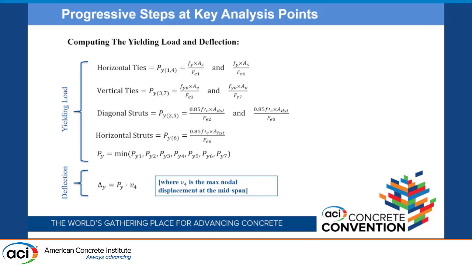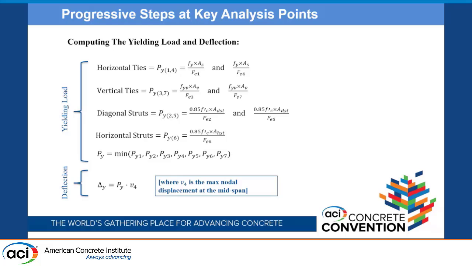Here is how we do the innovative part of the calculation. For the yielding load, what we do is we say, okay, what is the maximum stress that will cause yielding in the horizontal tie and the vertical tie?